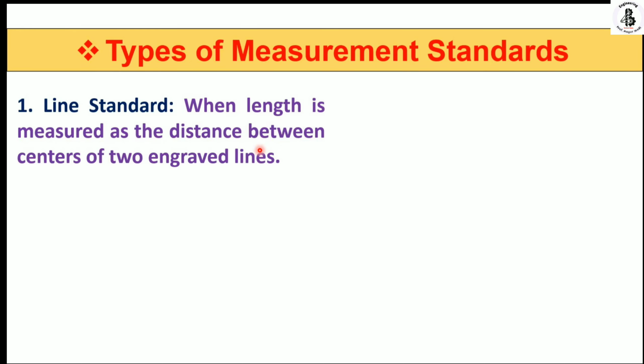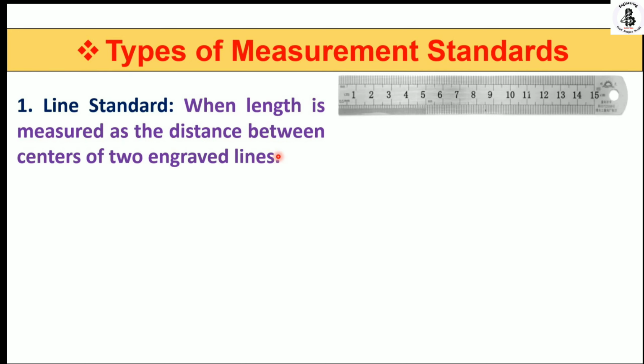The Imperial standard yard and the International Prototype Meter are basically line standards. The most common example of a line standard is the steel rule. You can see it in the figure. This steel rule is used as a line standard.